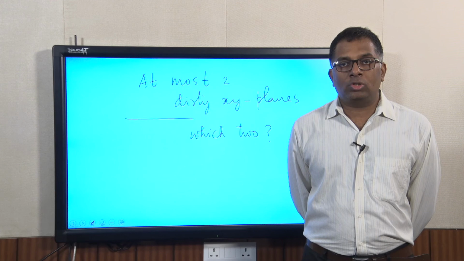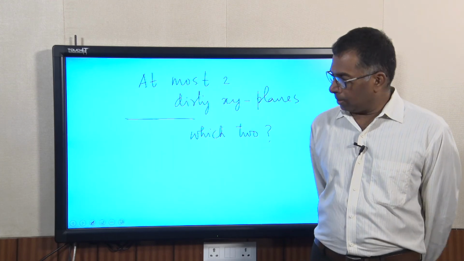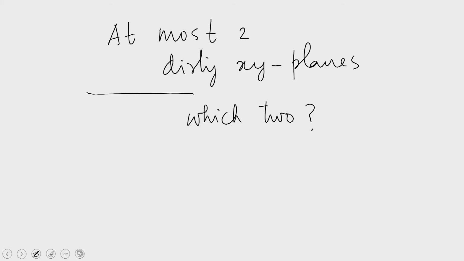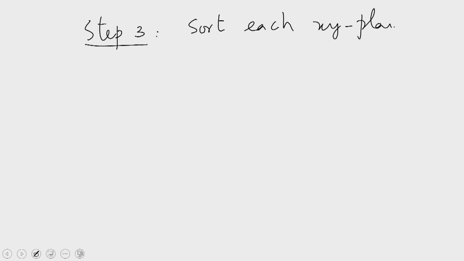Since we do not know which these two dirty xy planes are, what we do is this. In step 3, we sort each xy plane in yx order, that is the x major order. Every xy plane is now sorted.